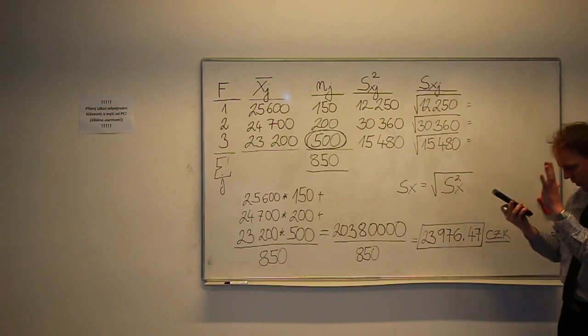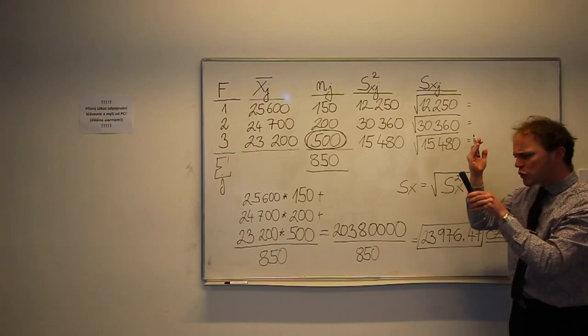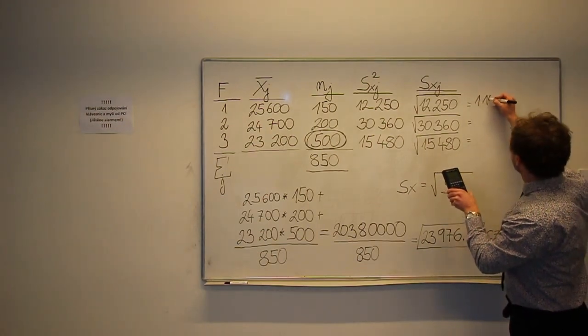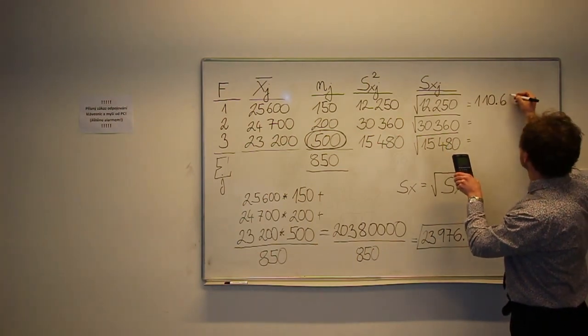So where is the square root on the calculator? Here. Square root of 12,250, enter. I will use only 2 decimals: 110.68.